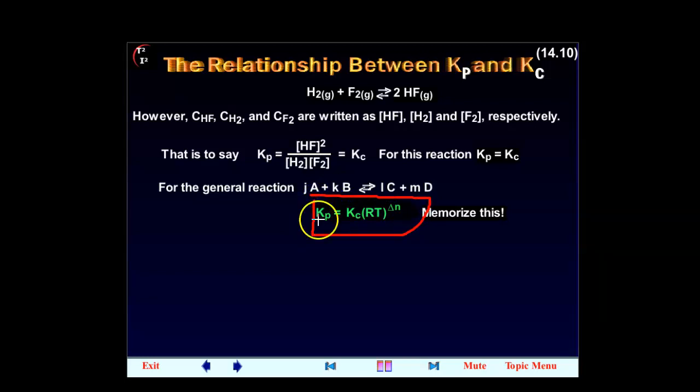K sub P equals K sub C times RT to the power of change of N. We're going to see how to get delta N later on. Now, all these J, K, L, M stand for your coefficients. Remember that we talked about that in the classroom. They are all coefficients after you have balanced the equation.